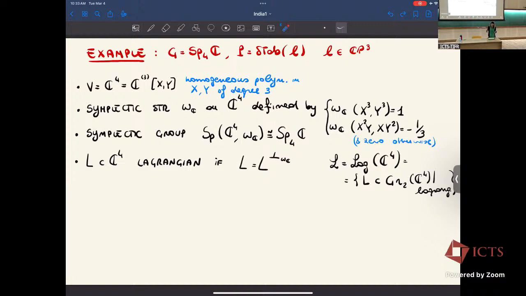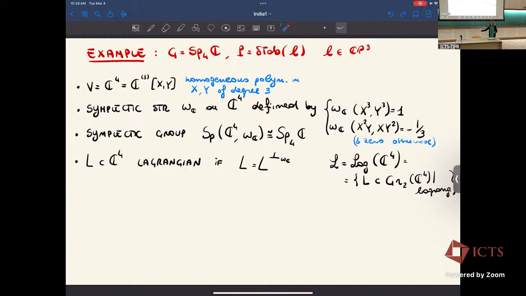And we will have two homogeneous spaces that come up in this example. One will be CP3, the projectivization of C4, where all lines are isotropic with respect to this symplectic structure, and so the associated homogeneous space is the whole CP3. The other space is isotropic subspaces of maximal dimension.